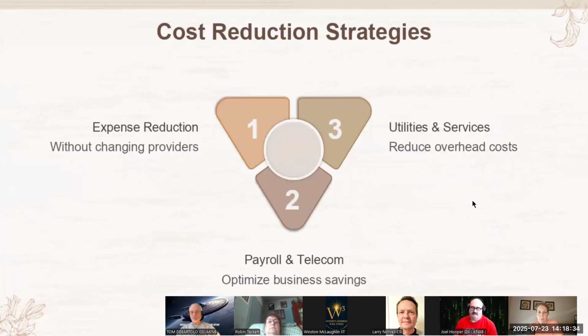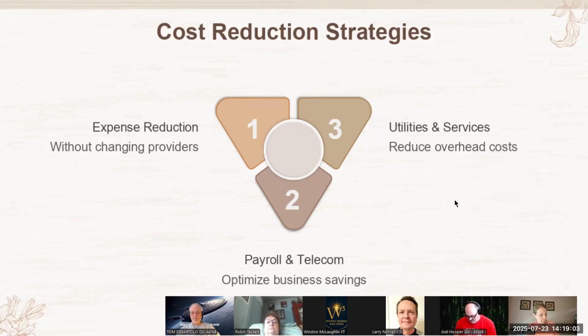Now, cost reduction strategies. There's expense reduction without changing providers. This, of course, you've heard about, and this is for the companies. These companies can also get payroll and telecom deductions, optimize their business savings, and they can also get utilities and service costs reduced and get their overheads reduced.